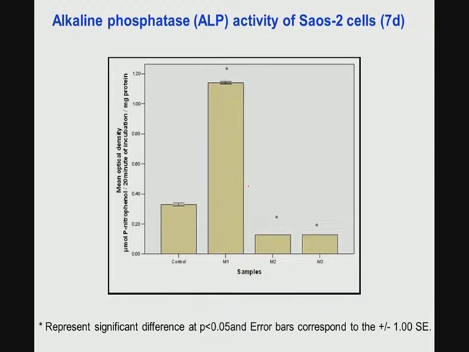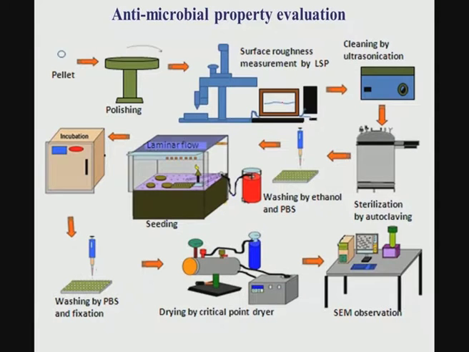That is the earliest differentiation marker for bone cells, and you see that ALP expression is much higher compared to the control in the M1 class, while M2 and M3 do not support this kind of differentiation of the bone cells. Essentially, M1 is better as far as cell level compatibility is concerned.